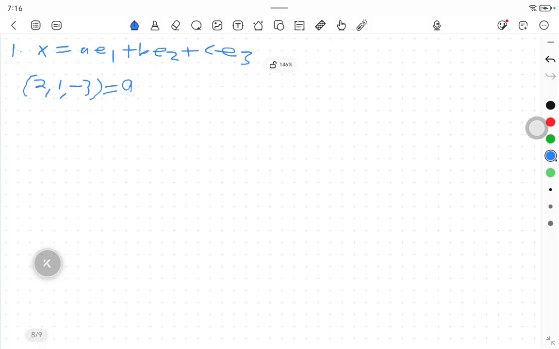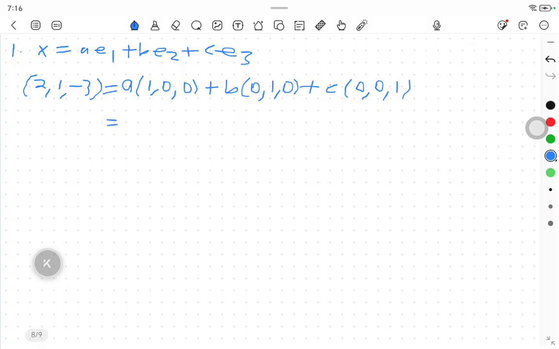Since this is a standard basis for R3, this is just going to be 1, 0, 0. Our A2 is going to be 0, 1, 0. Then our A3 is going to be 0, 0, 1.